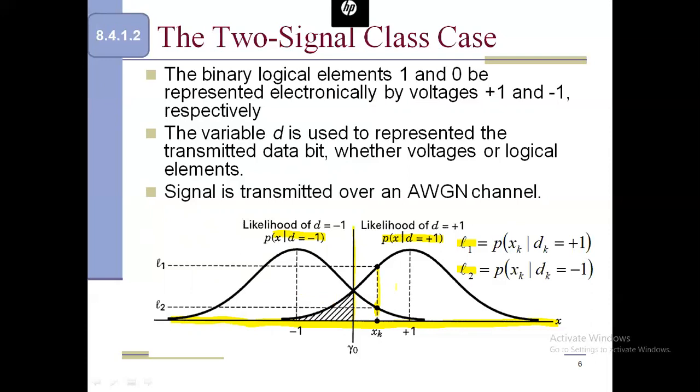This is in fact the two signal class case, and in this decoding process we will use this binary communication.